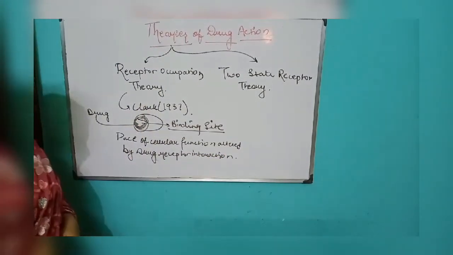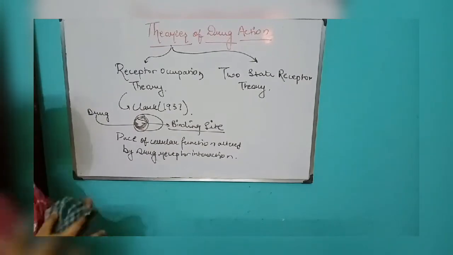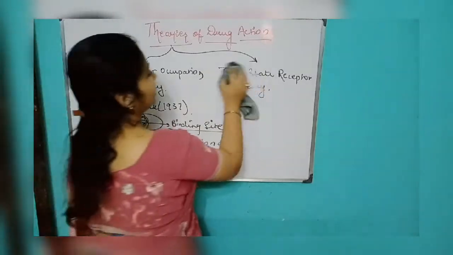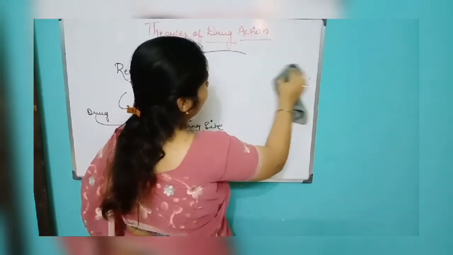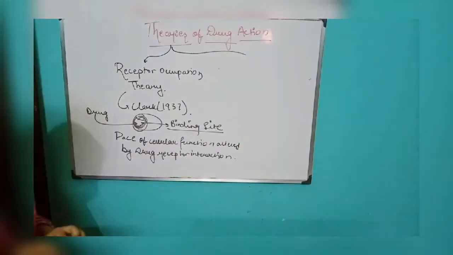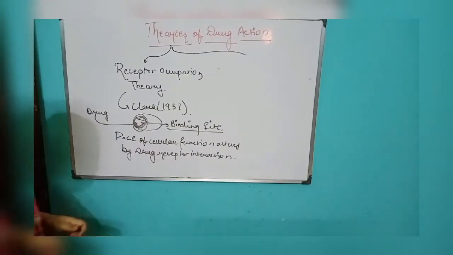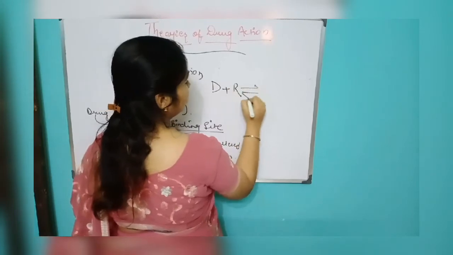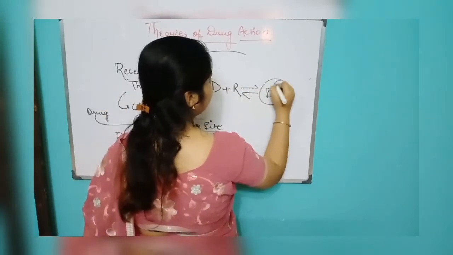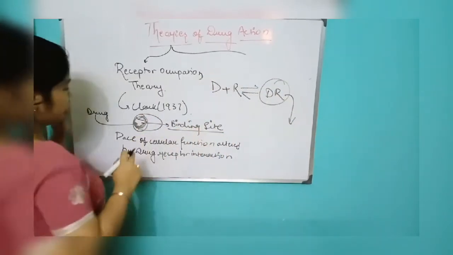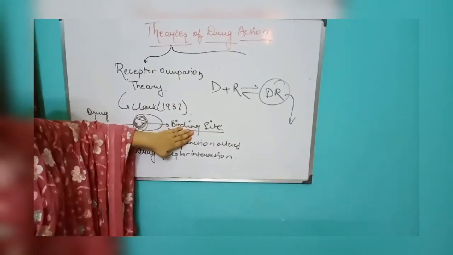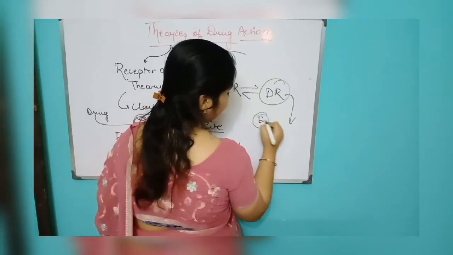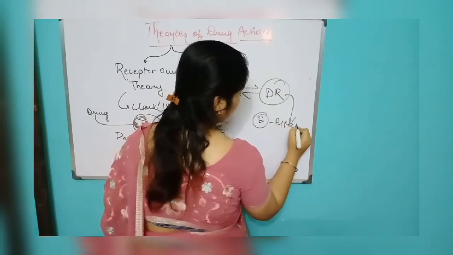Now I am reviewing it because I want to explain this part in a symbolic, practical way. See, drug plus receptor gives you the drug-receptor complex. This is your binding site. After that, it gives your effect. What are the advantages?